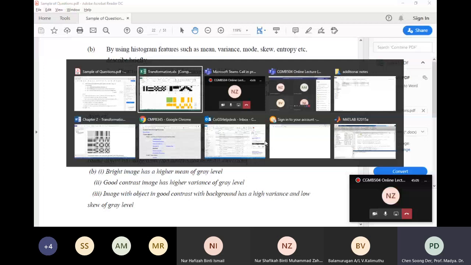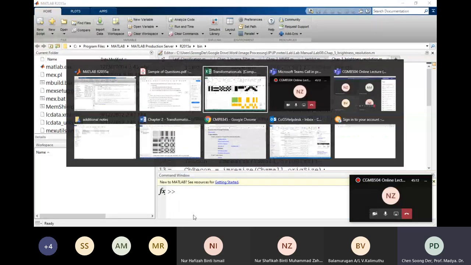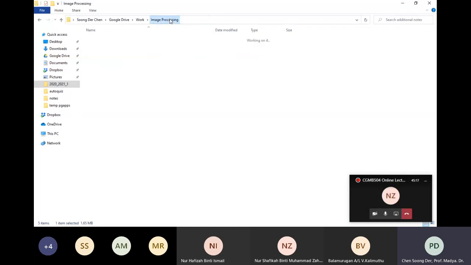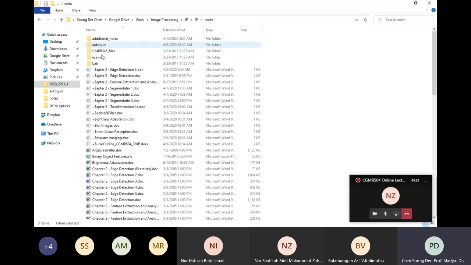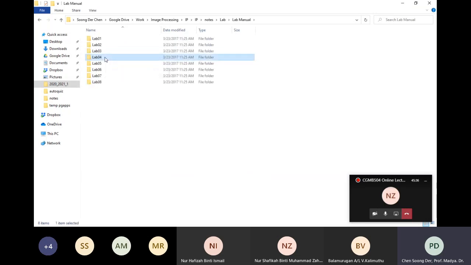I want to show you the MATLAB. It is in the lab manual, I think until lab 3, lab 4.